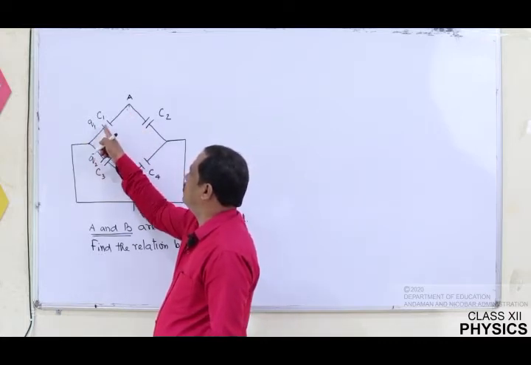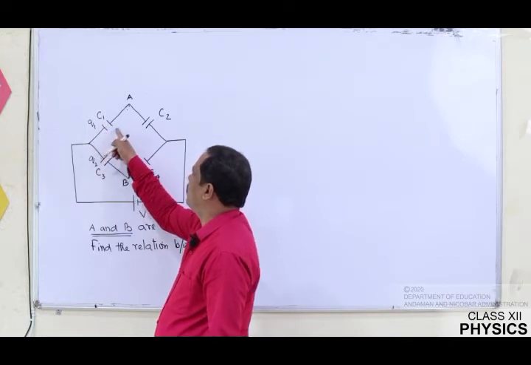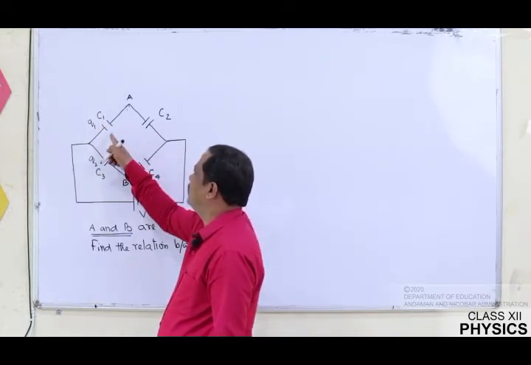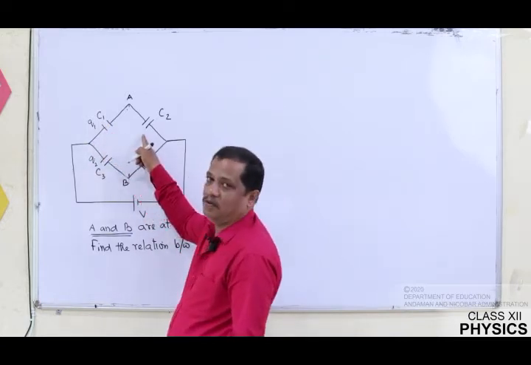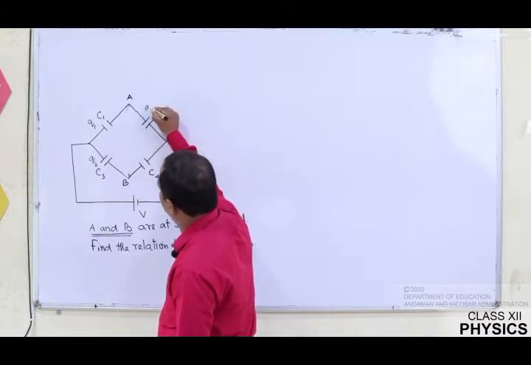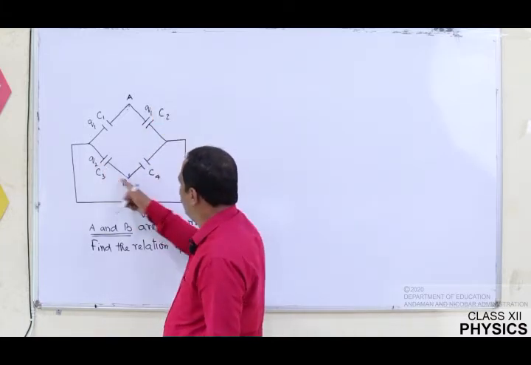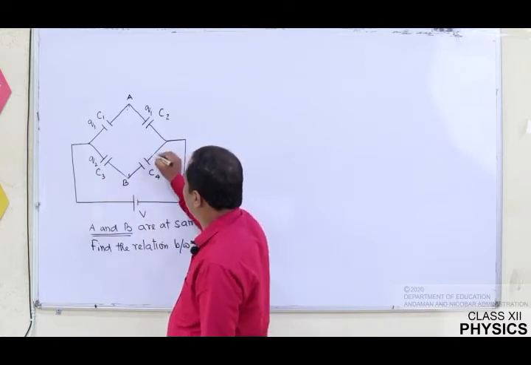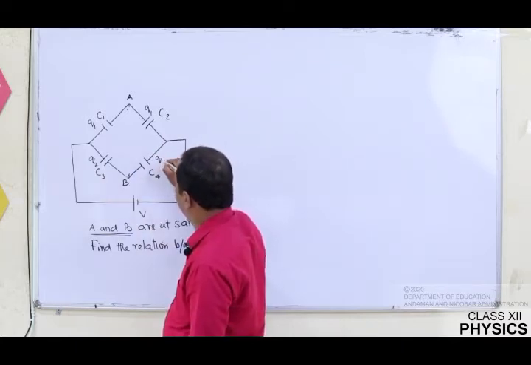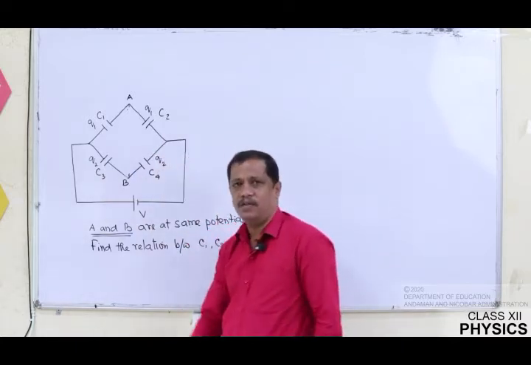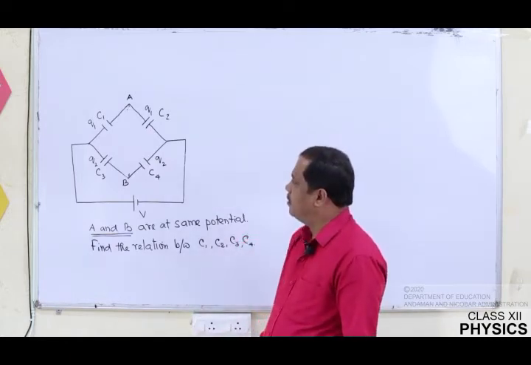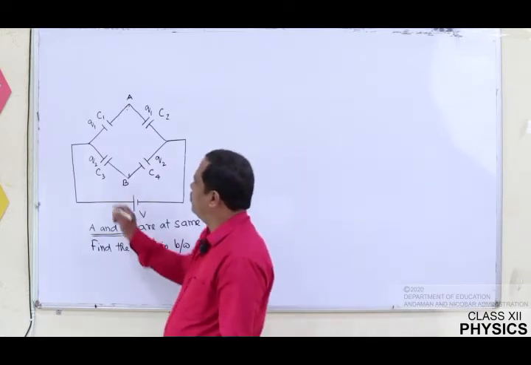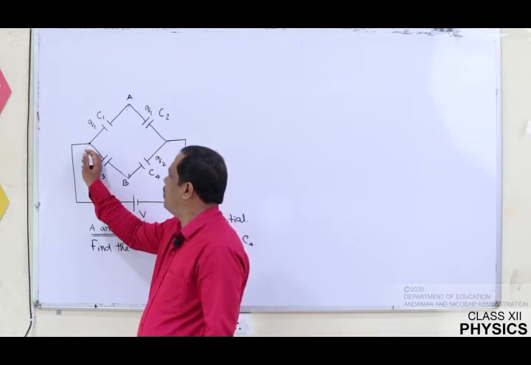So Q1 charge, we know when the capacitors are in series, the charges that are going to appear on the capacitors will be same. So that means this capacitor will also have charge Q1. These two are in series. If Q2 is the charge here, then this capacitor is going to have charge of Q2.